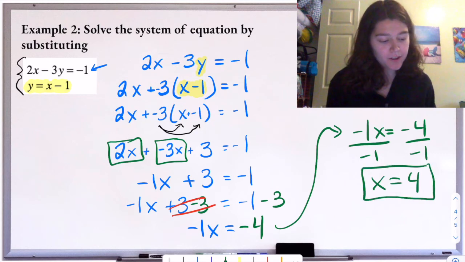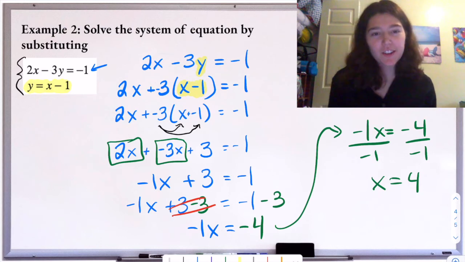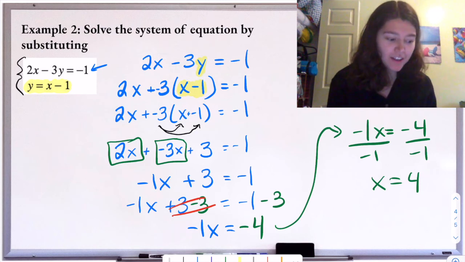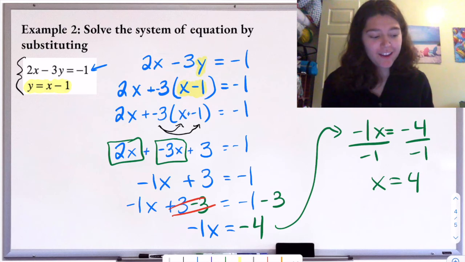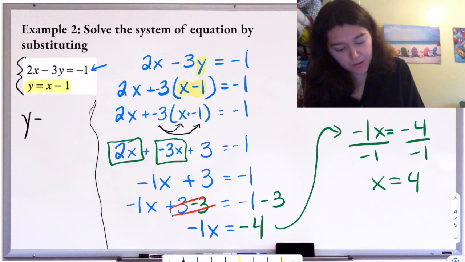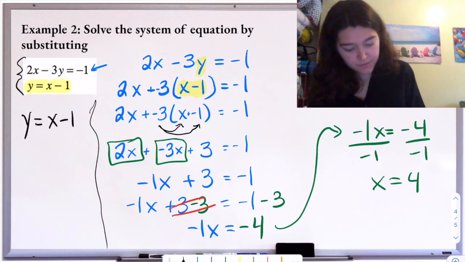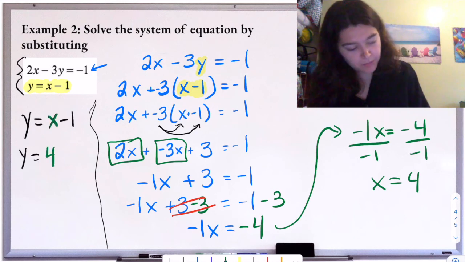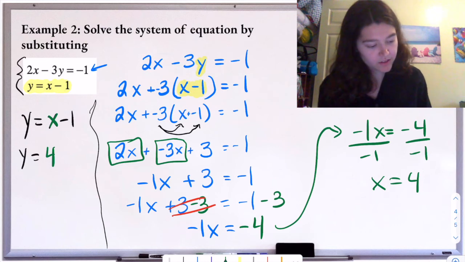Right? Awesome. Okay, but I shouldn't, that's my desire to box that in, but that's not actually the final answer. So we get x equals 4, great, but the solution to a system of equations is the xy value. So now that I know what x is equal to, I'm going to substitute 4 back into this original equation, y equals x minus 1. 4 goes in the spot of x because x equals 4 there.